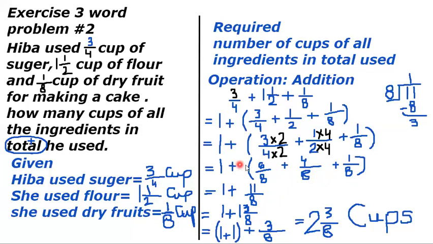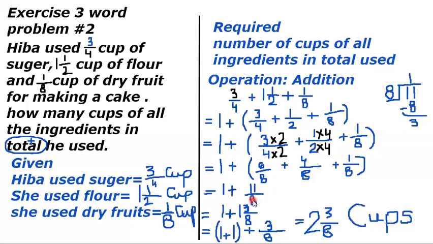Now, 1 plus 11 upon 8. Students, 11 upon 8 is an improper fraction, and the definition of an improper fraction is a fraction whose numerator is bigger than its denominator.